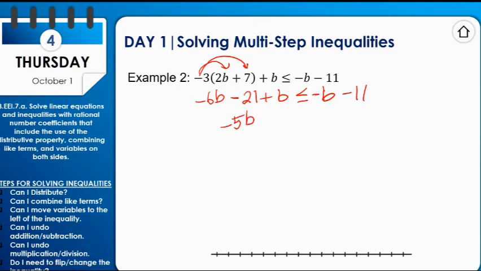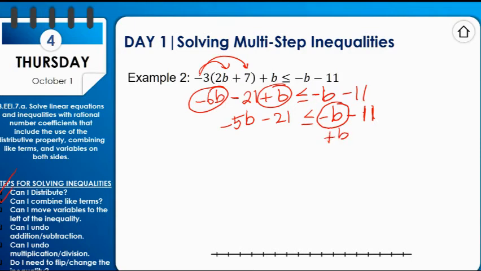-6b plus b is -5b. Bring down my -21 and my inequality, less than or equal to -b minus 11. So now I was able to distribute. I combined like terms. Can I move variables to the left of the inequality? I have a -b.